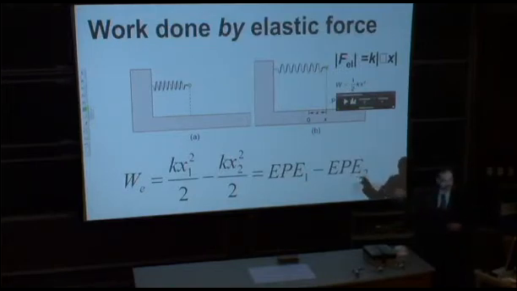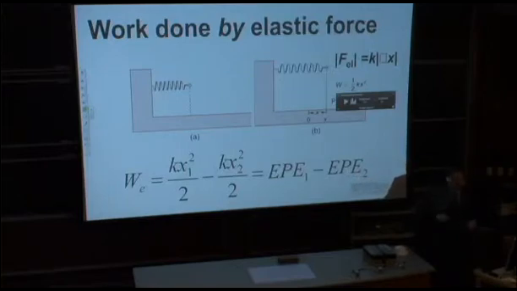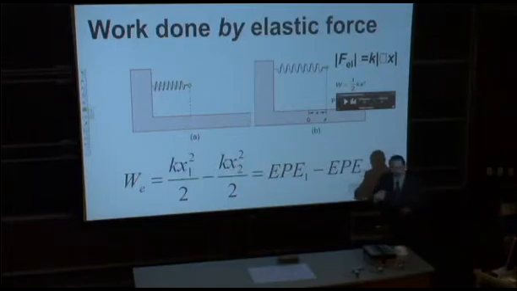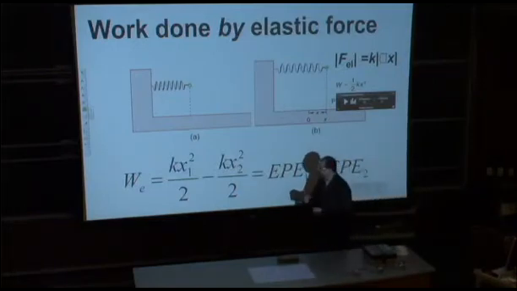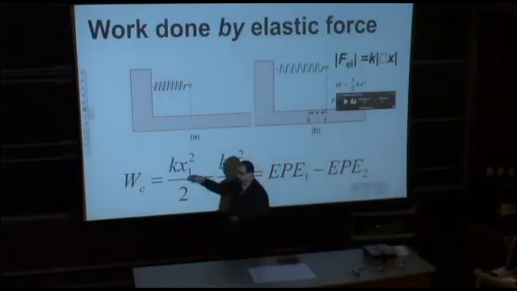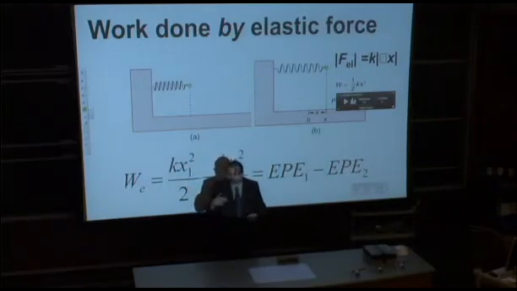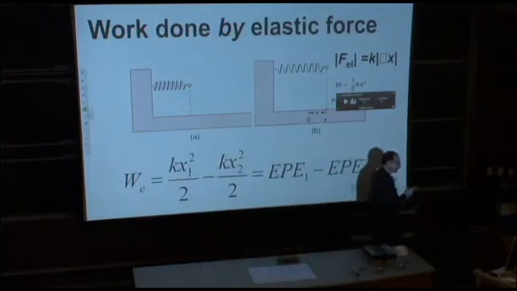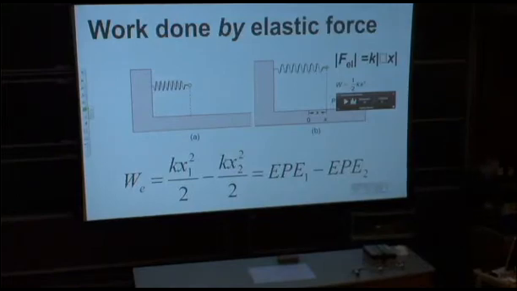This is the equation for work done by a spring on me. If I want to know the work done by me on the spring, I should multiply this by -1. Flip the sign. So, elastic force by spring on an object attached to it.